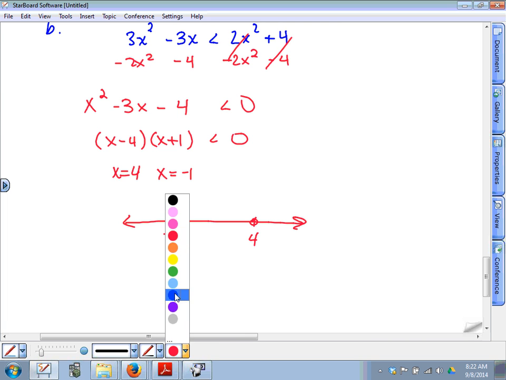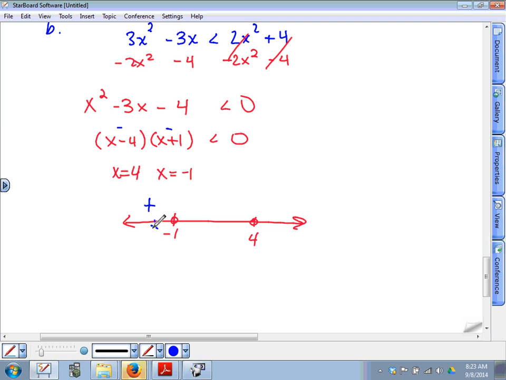So I'm going to test a point in this interval, negative 2, for example. Negative 2 minus 4, that's negative, right? Negative 2 plus 1, that's negative as well. And a negative times a negative resulted in a positive number.